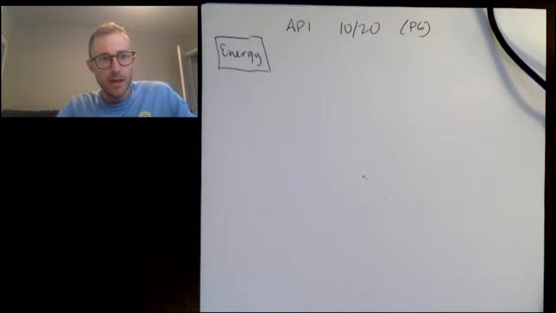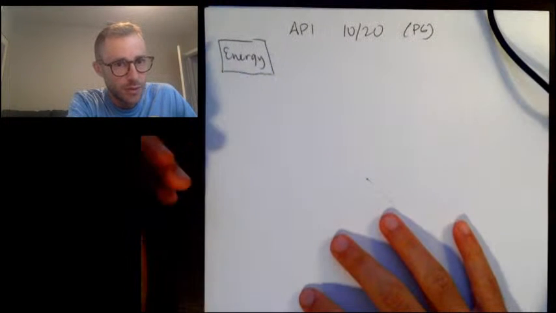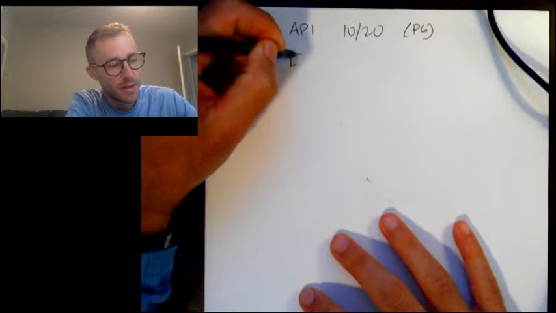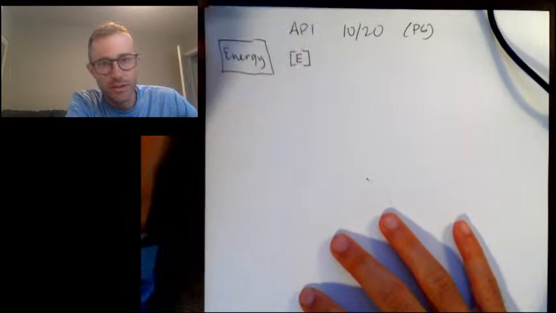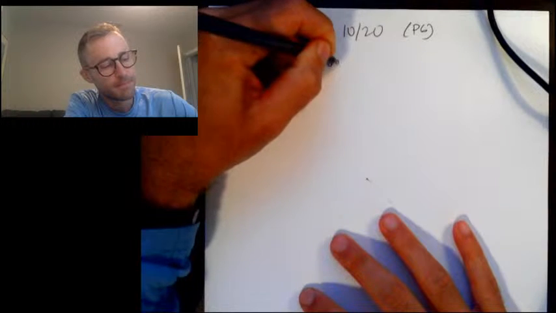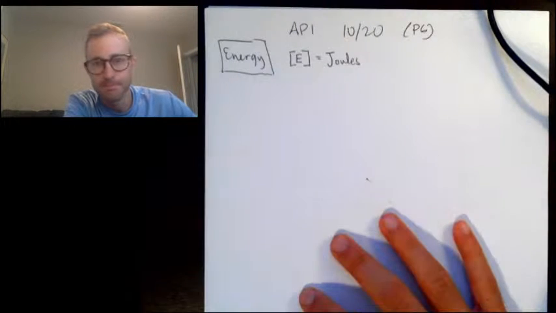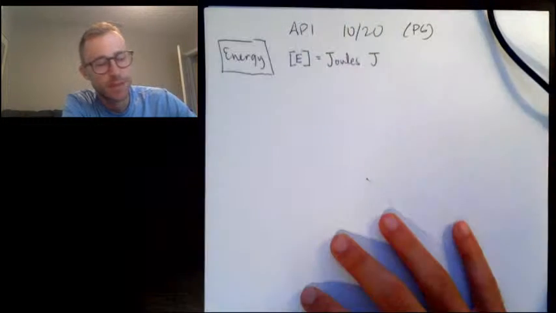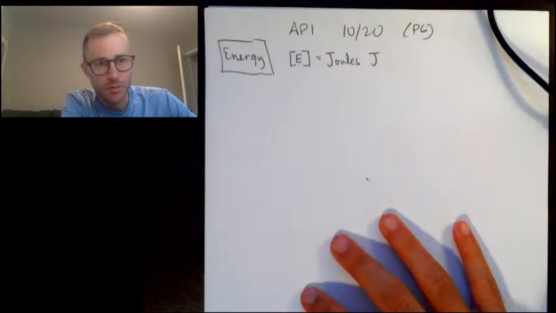Okay. Energy is denoted by E, and energy is measured in units called joules. This is abbreviated by J. So you have a certain number of joules of energy.